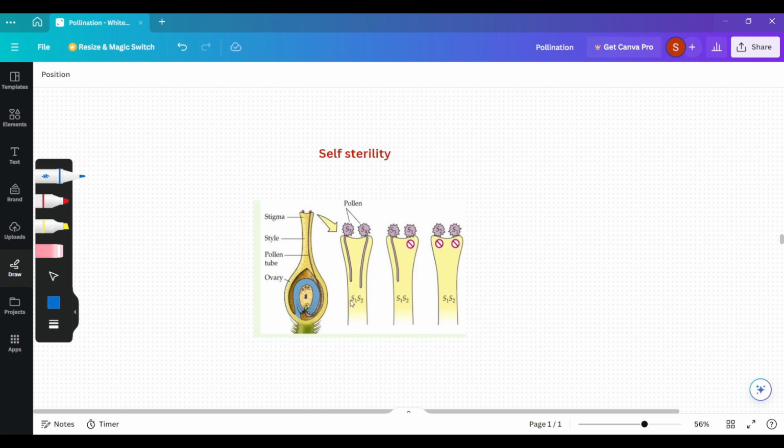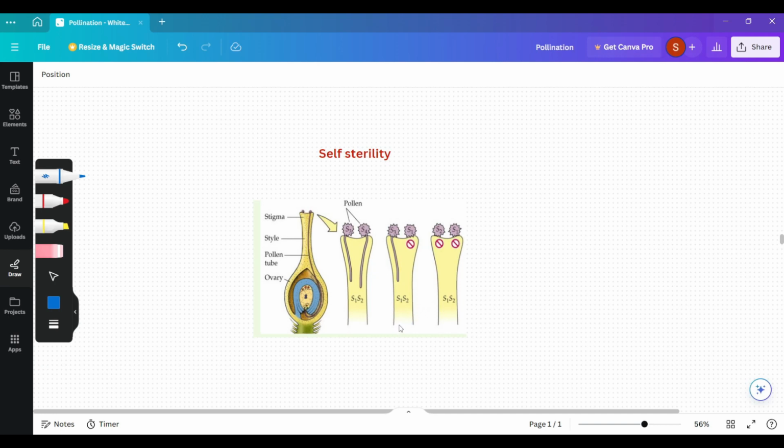This is a genetic mechanism. This mechanism prevents the pollen from the same flower from fertilizing the ovules, and the germination of the pollen tube is inhibited by the pistil. So this condition is called self-incompatibility or self-sterility.